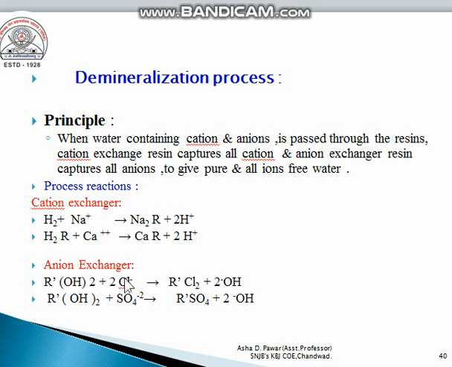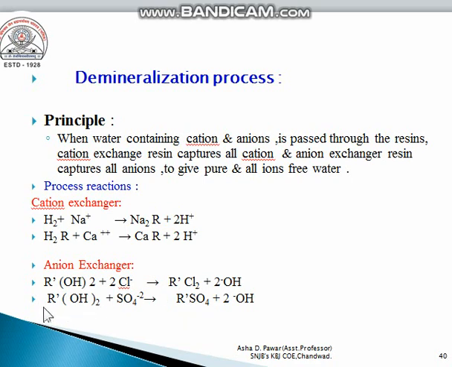Then the anion exchanger resin. If water contains anionic impurities like chloride and sulfate, the general formula we use for the anion exchanger is R' OH twice. The anion exchanger bed captures the anion, giving R' Cl2, and in exchange the bed releases OH minus ions.